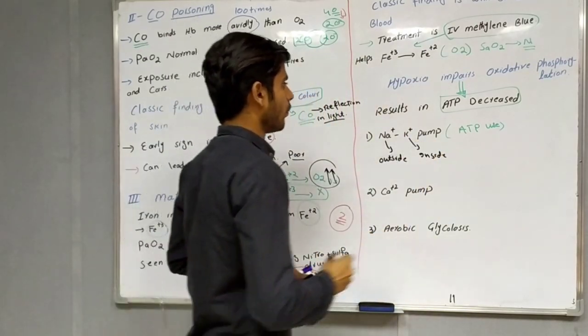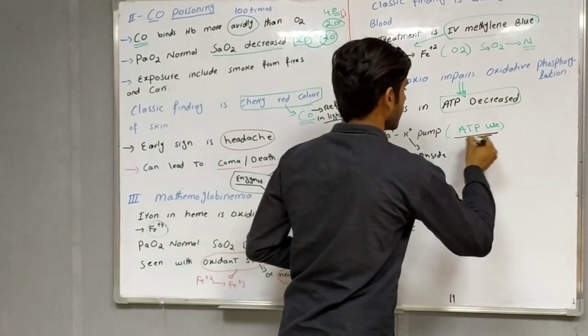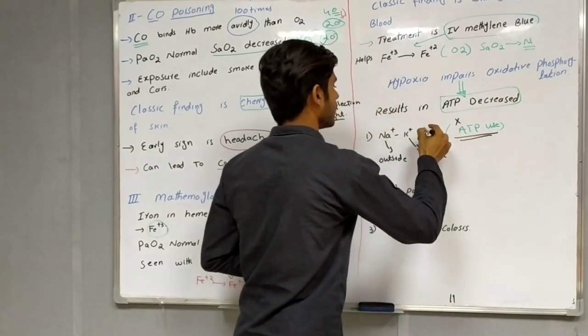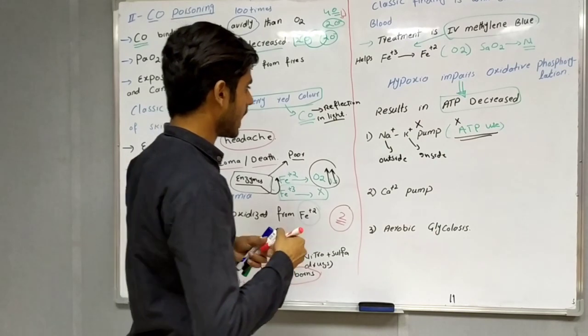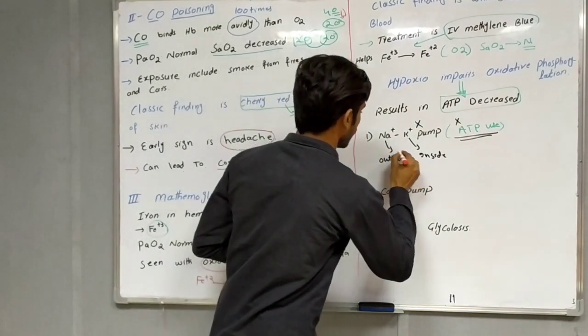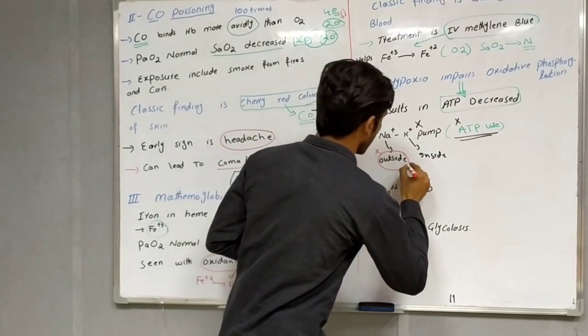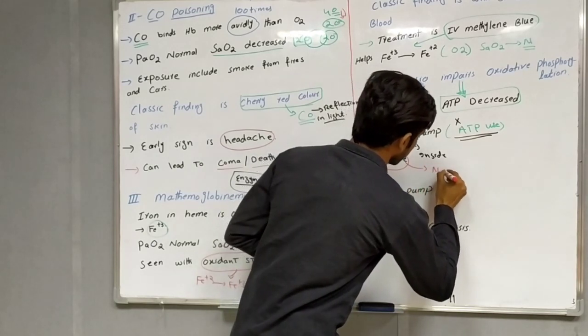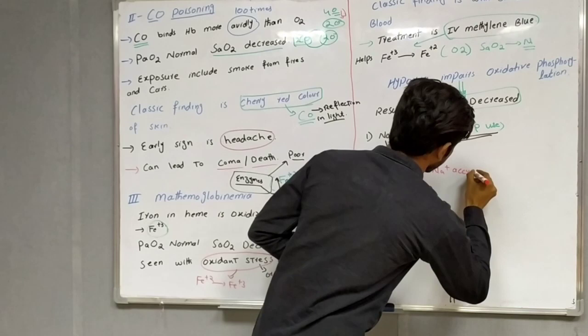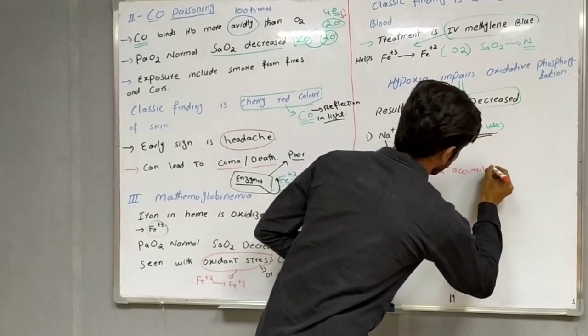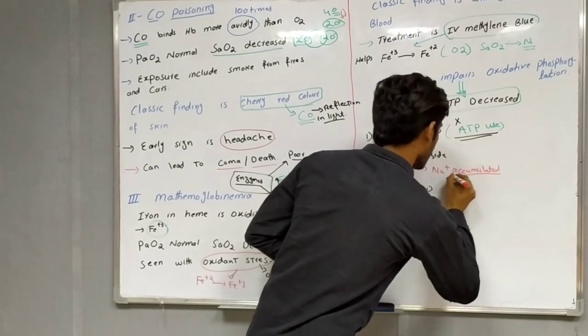But what happens when there is no ATP? When there is no ATP or less ATP, these pumps will not work. When these pumps do not work, sodium will not go outside, so sodium will be accumulated in the cell.